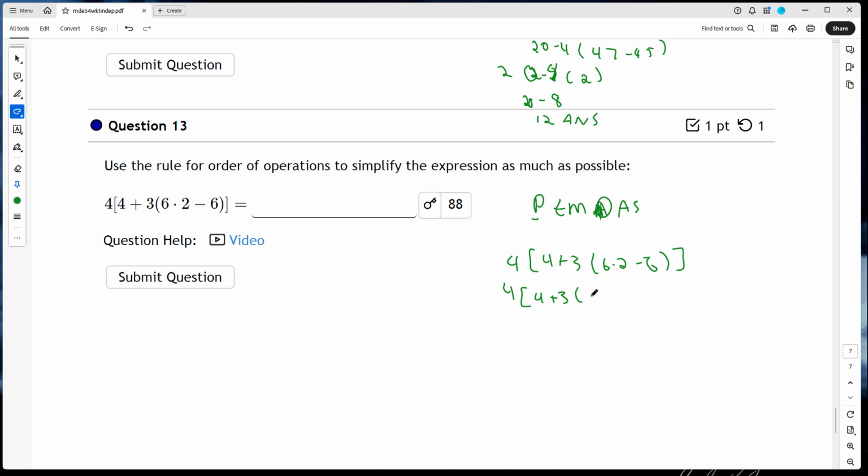Let's see, 6 times 2 is 12, minus 6. Inside the parentheses, 4 plus 3, 12 minus 6 is 6, close parentheses there. I have 4 plus 3 times 6, which is 18. 18 plus 4 is what? 22 times 4, which is 88. And that's our final answer.